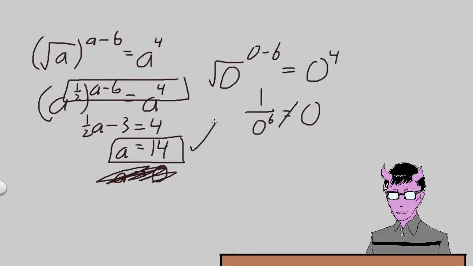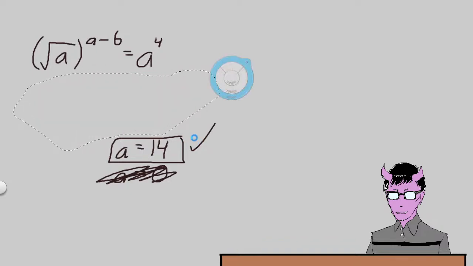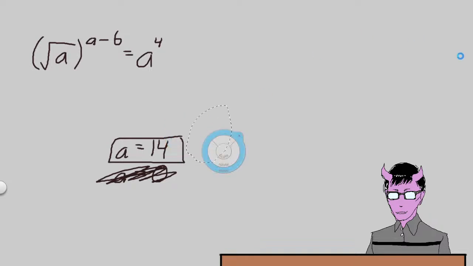All right. Wait, something doesn't seem quite right. This is an awfully suspicious answer, because square root of 14 is not a good answer. Let me double check the work. So this will be a tentative answer.